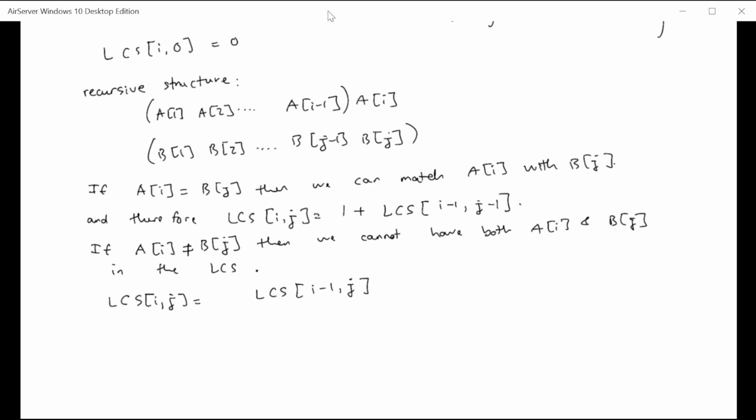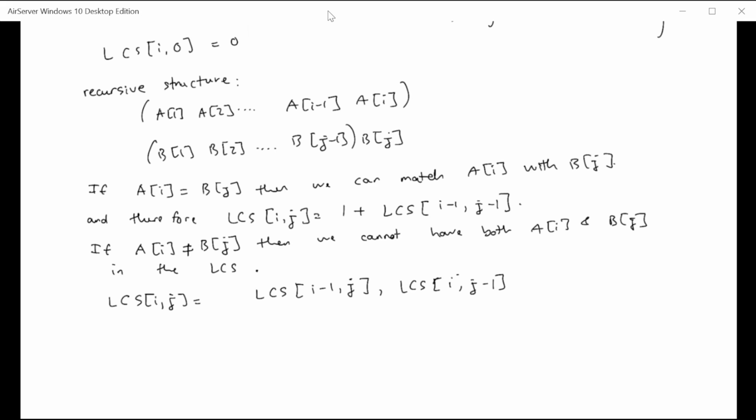If the longest common subsequence omits BJ, right, then it must be the same as the longest common subsequence of A1 up to AI and B1 up to BJ minus 1. Okay, but we don't know for sure which one the longest common subsequence omits.